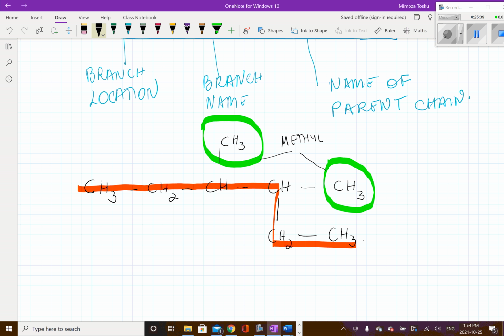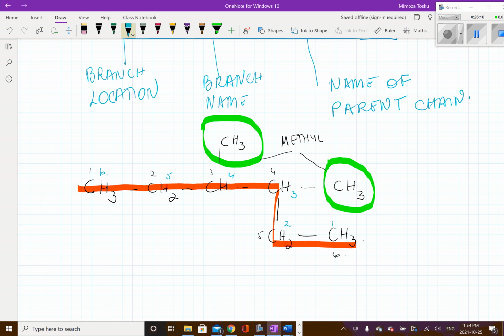Now let's start counting. If we start counting this way, 1, 2, 3, 4, 5, 6, then the first branch is on the 3. And if we start counting in the opposite way, 1, 2, 3, 4, 5, 6, the first branch is on the third again.